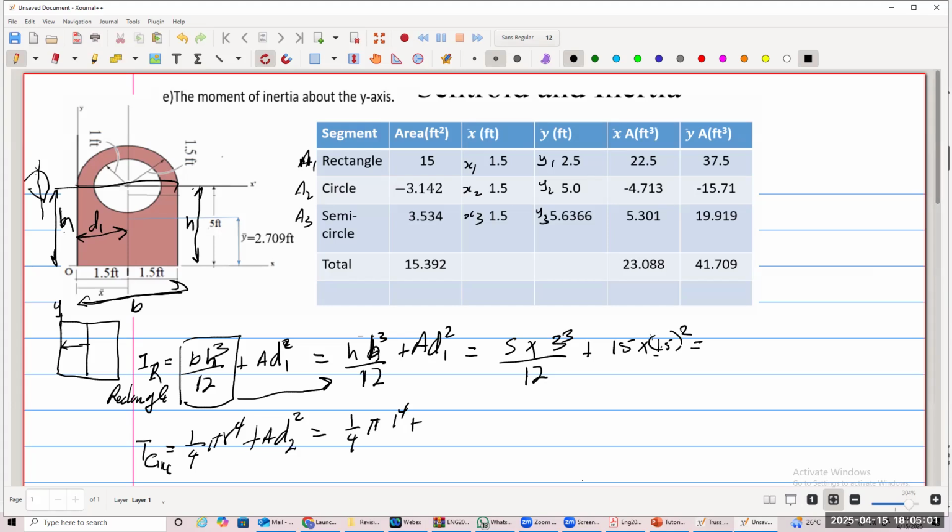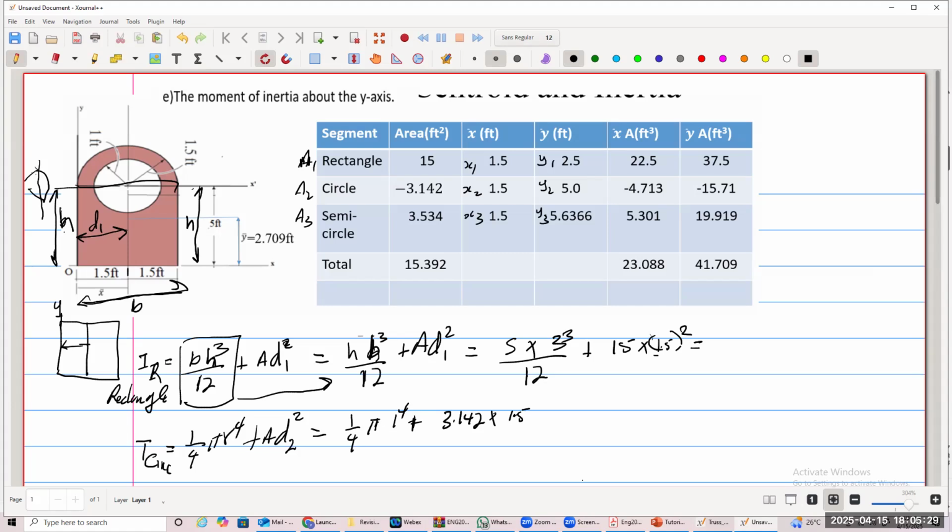And then the area is going to be 3.142. And if you notice, I don't use a negative area there. I use the area of it, actually getting the inertia of the figure itself. And times d, what is your d now? Same figure, say 1.5 in this case, because the center of the circle to the y-axis is still 1.5.